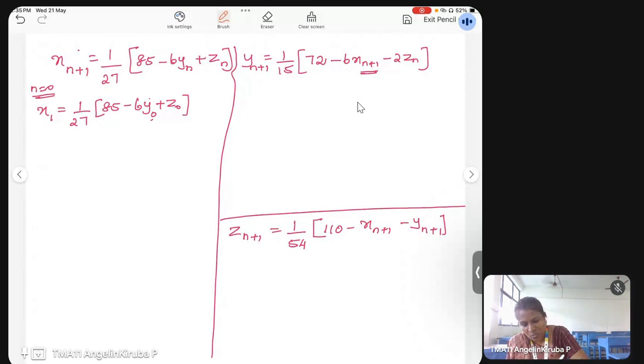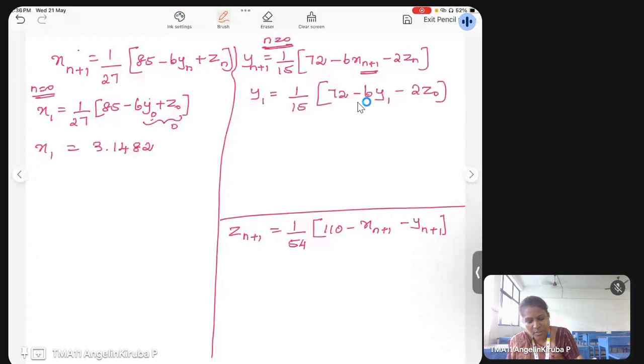Sorry, it is x1. So now we'll substitute this value here. And we know z0 is equal to 0, and x1 is 3.148. So our y1 will be equal to 3.540.